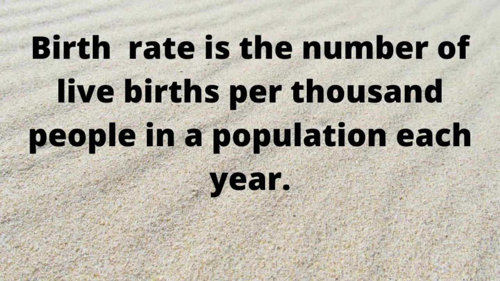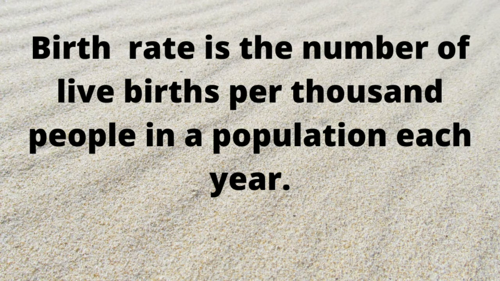So it is different from the actual number of persons or babies that have been born. Birth rate is different from the actual number of babies that are born in a country, because birth rate is actually an average, and as I said before, it is calculated out of every 1,000 persons.